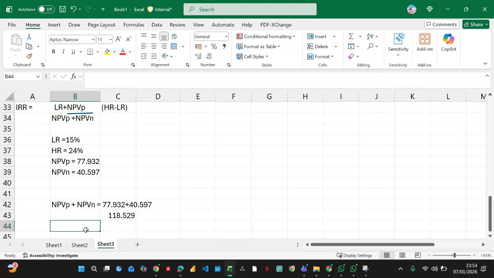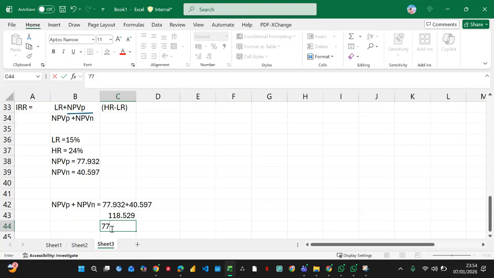So what is the next thing up? The next thing up there is this one, right? So let's do our NPVP divided by this value now. Just put the value, substitute, then we'll move on. Remember, we are doing this divided by this.